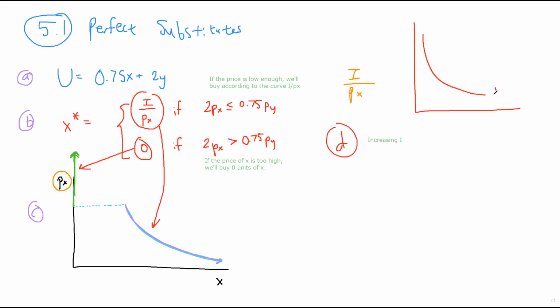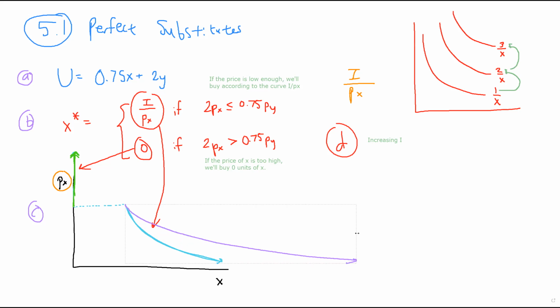Here's 1 over X. Here's 2 over X. Here's 3 over X. Notice that when this numerator is increasing from 1 to 2, then from 2 to 3, and so on, it's causing this curve to kind of move up. But the price ratio, so it kind of moves this out, I guess.